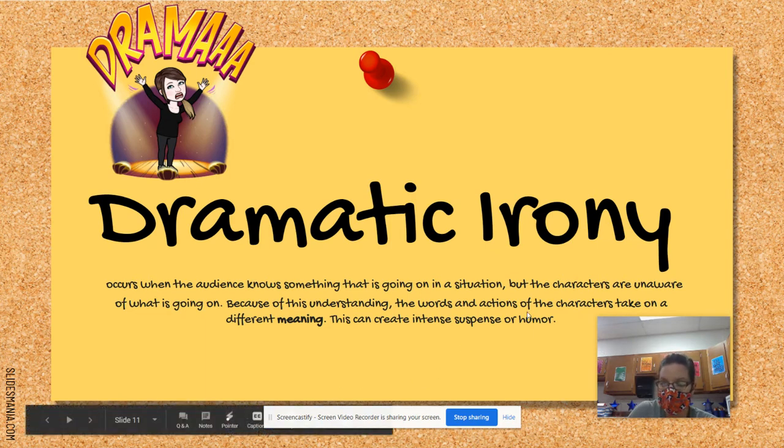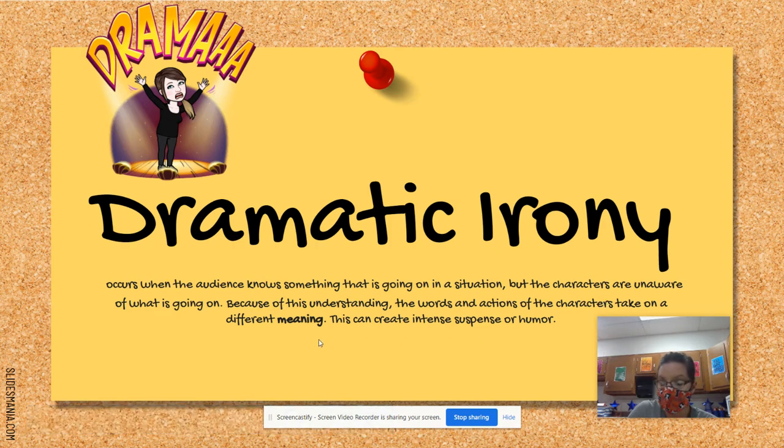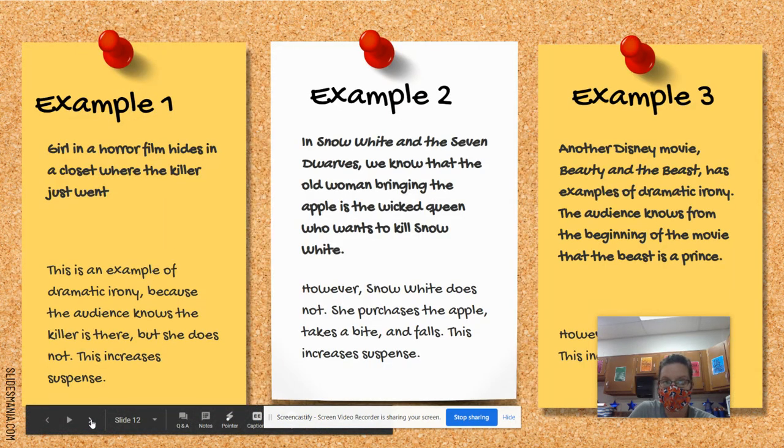The words and actions of the characters take on a different meaning, and this can create intense suspense or humor. So again, let's practice. I'll give you a couple of examples here. Example 1 of dramatic irony.